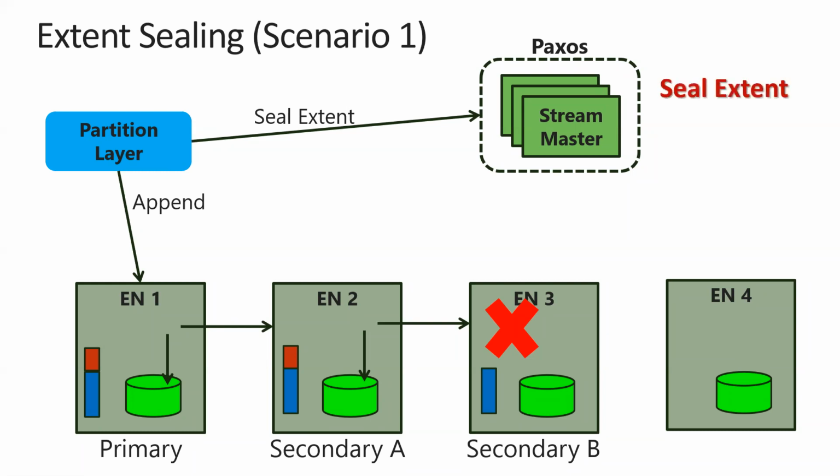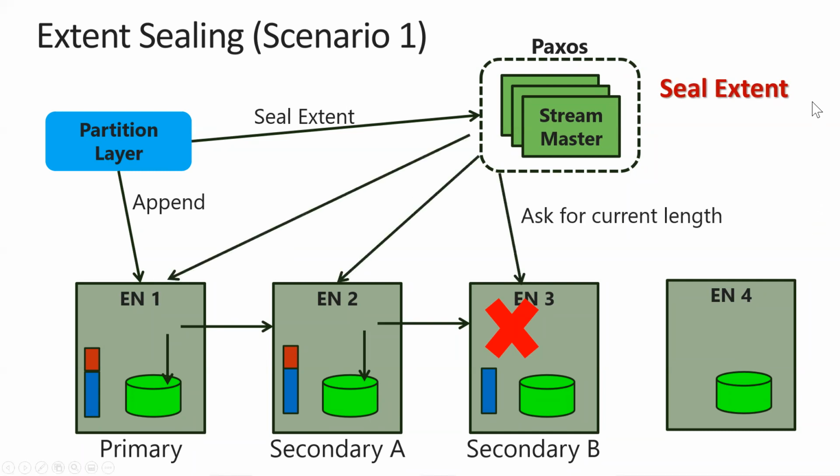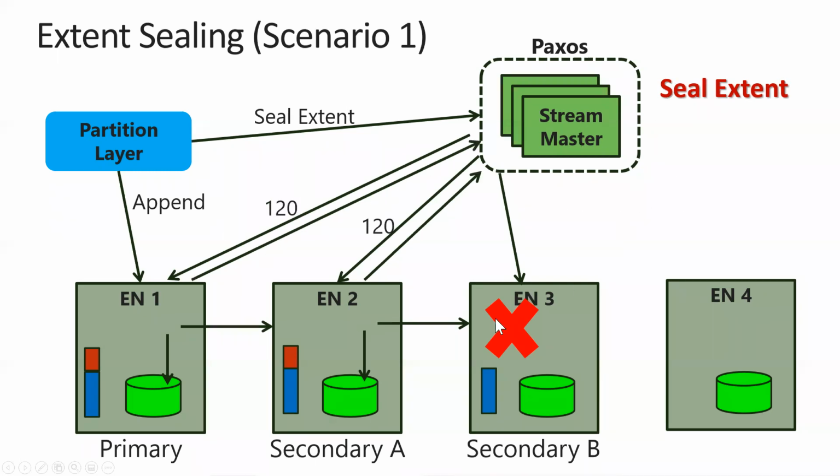The stream master will say, okay, I will seal the extent. It will ask all 3 of them what their current commit length is. They will return 120, 120, and this node was down, unresponsive. So from the majority, the stream master has heard that the commit length is 120, and it will seal the extent at 120, right?